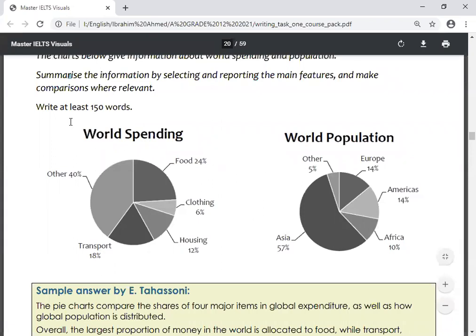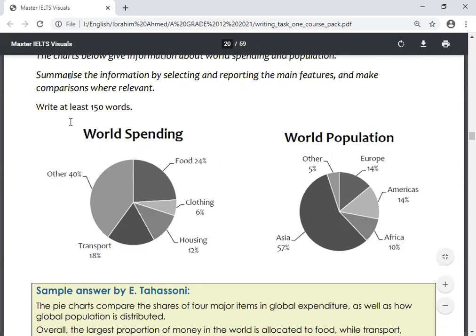So we have 4 main things here: food, clothing, housing, and transport. If we look, we understand what each number refers to and what each number means. And the largest one here, excluding the others, because these are many things, of course, is food, and the smallest portion or section is clothing.